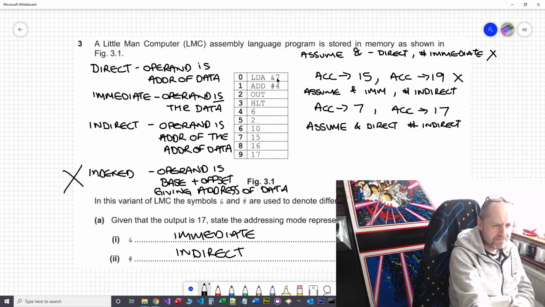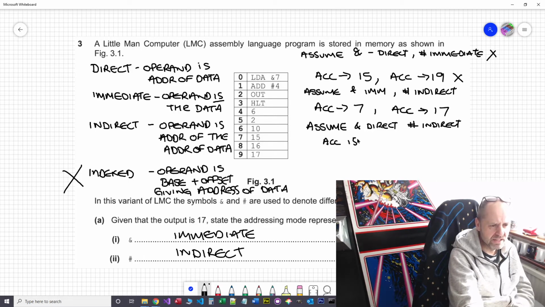Right, so assuming we're loading from location 17, we get the accumulator is 15. And when we add the indirect, so 4 has got 6 in it. 6 is the address of the data. 10, well, that gives us 25. So that is definitely not that. Okay, we knew it was that one.